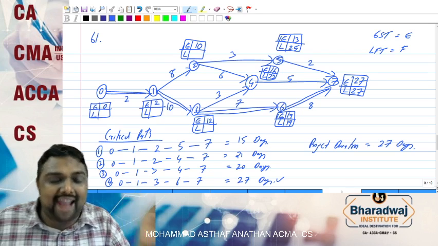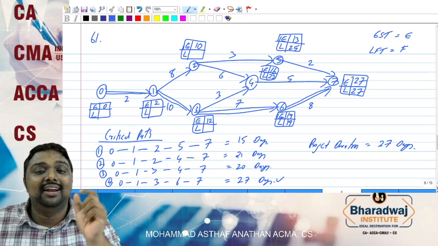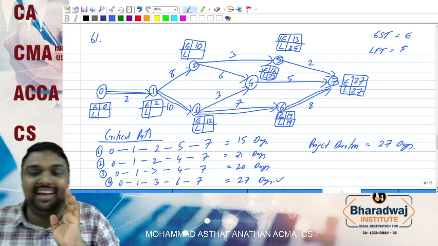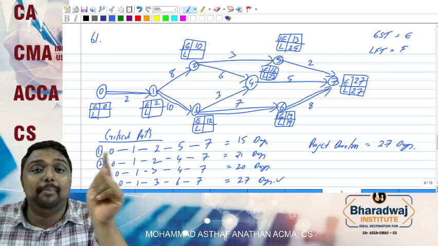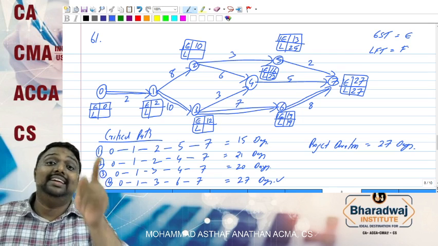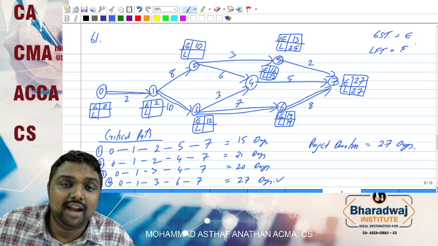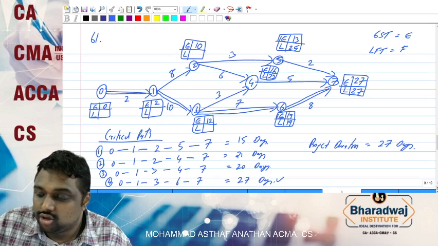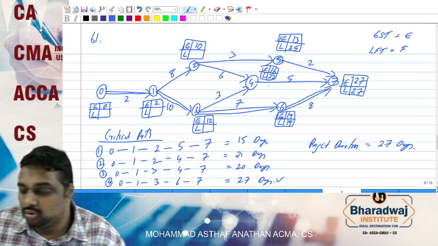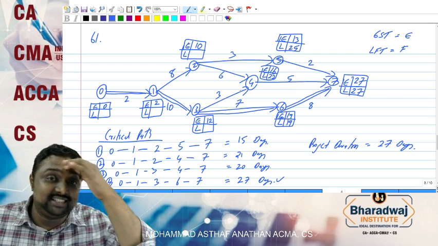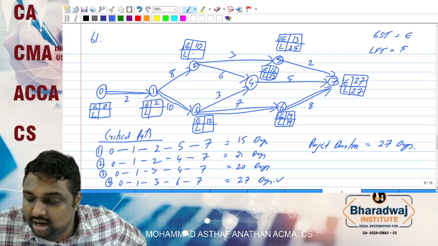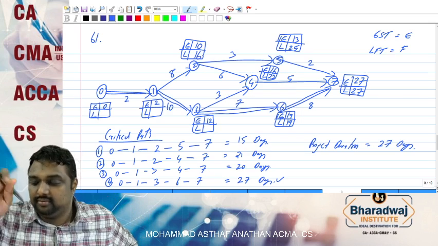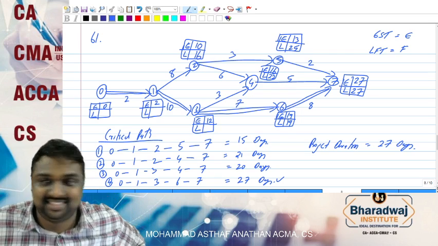When you come backward, two are there. Just the opposite of earlier, you have to take the minimum one because you want the latest finish time. So the point we have to take is the minimum one. So 25 minus 3, 22. 22 minus 6, 16. The lower one will be 16. Are you clear? Yes.